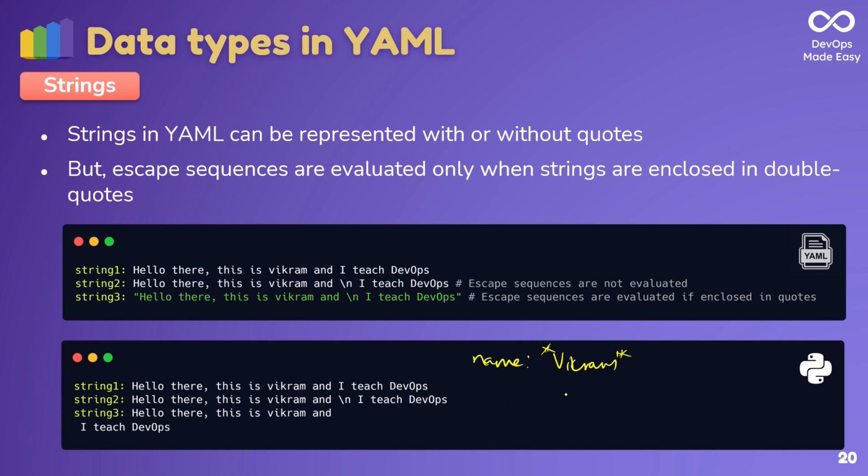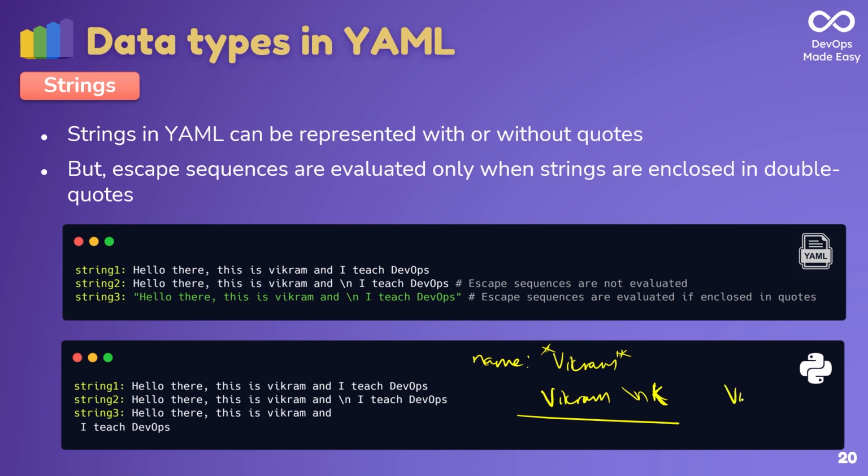Let's say I wanted to have Vikram, and in the next line I wanted to print my first name. I'll use slash n for the new line character, and then I'll use k as my initial. If I write like this without any quotes, it won't be evaluated.